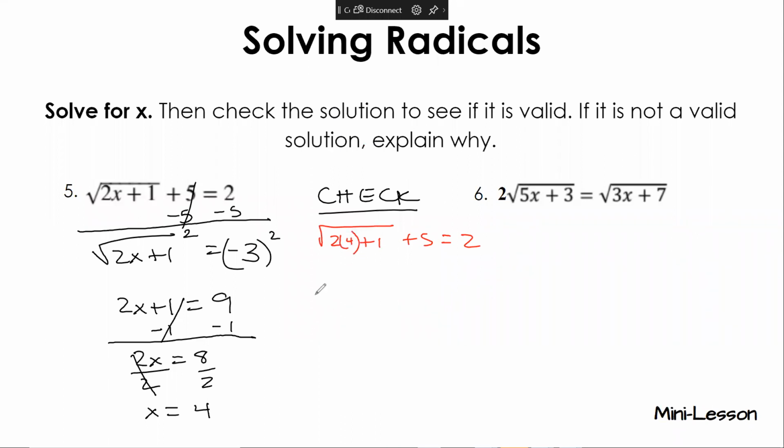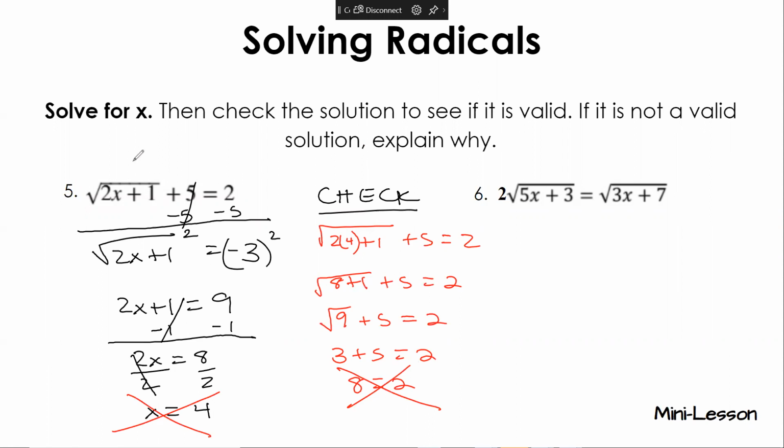And so now we're going to simplify. 2 times 4 is going to give us 8. 8 plus 1 is going to give us 9. The positive square root of 9 is going to give us positive 3. And 3 plus 5 is going to give us 8. It's not the same, so it's going to be not a valid solution. So we're going to say no solution.